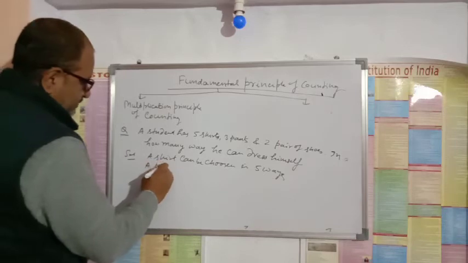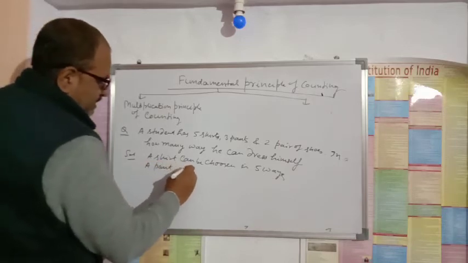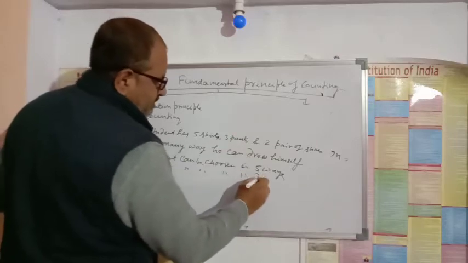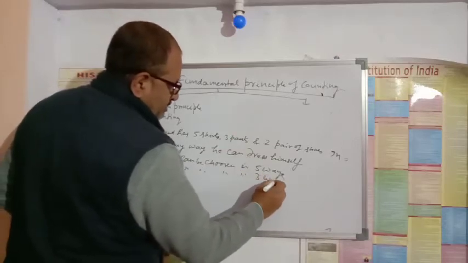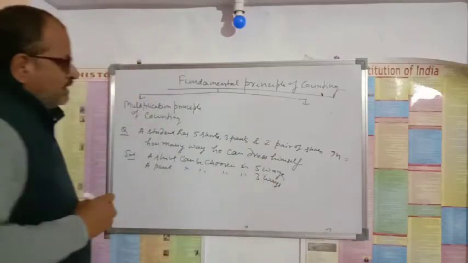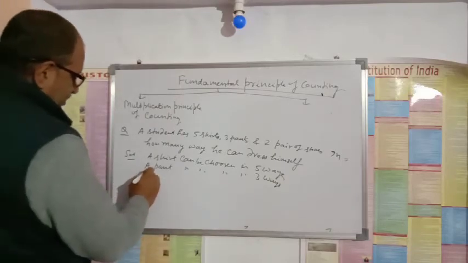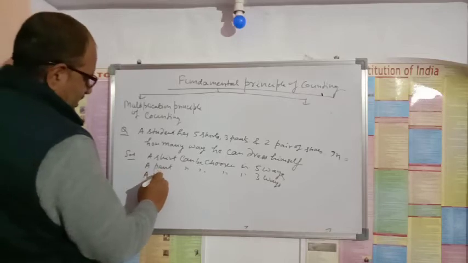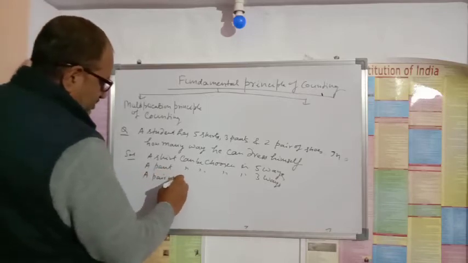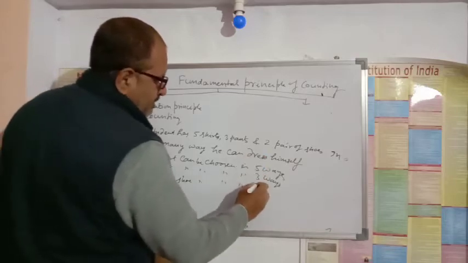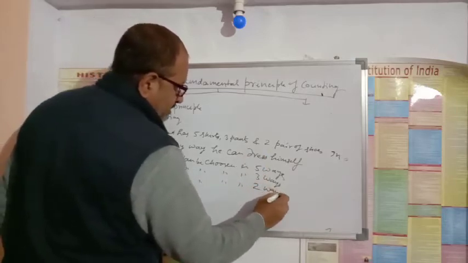A pant can be chosen. There are 3 pants. So he can choose a pant in 3 ways. A pair of shoes can be chosen in 2 ways.